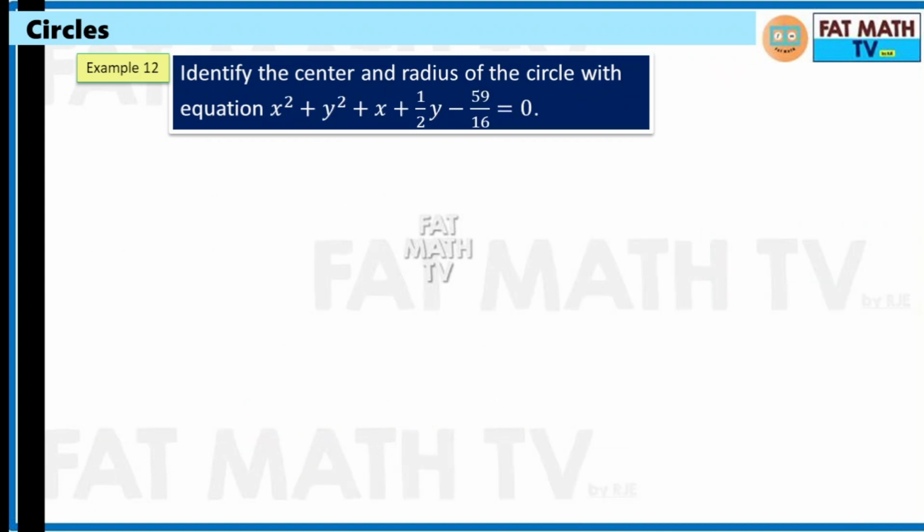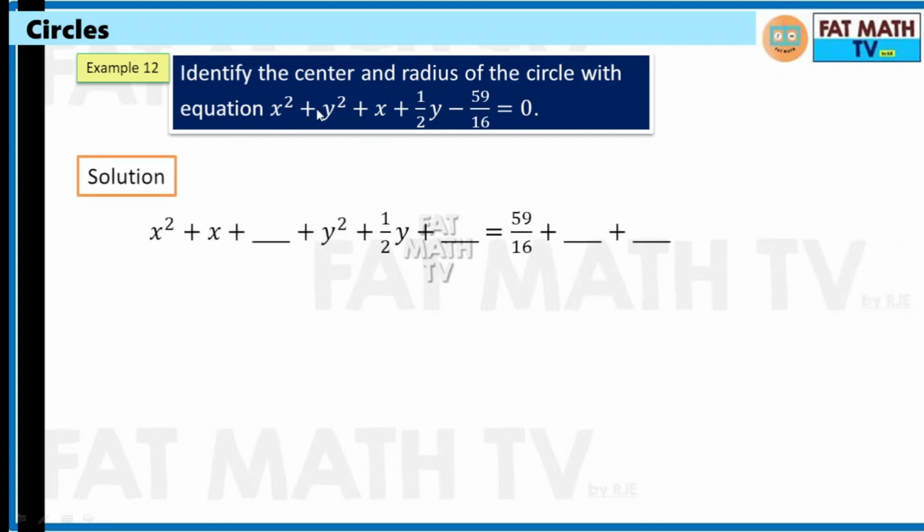Number 12. Identify the center and radius of the circle with the equation x squared plus y squared plus x plus 1/2 y minus 59 over 16 equals 0. So put together the x's. You will have x squared plus x together, and then complete the square.